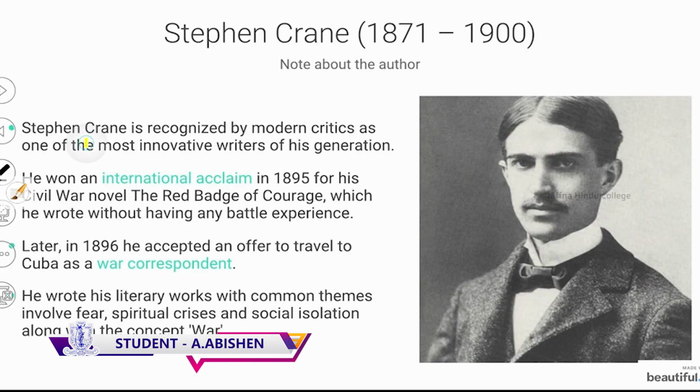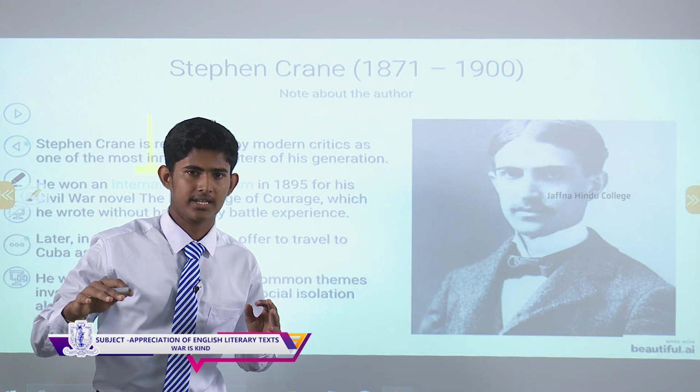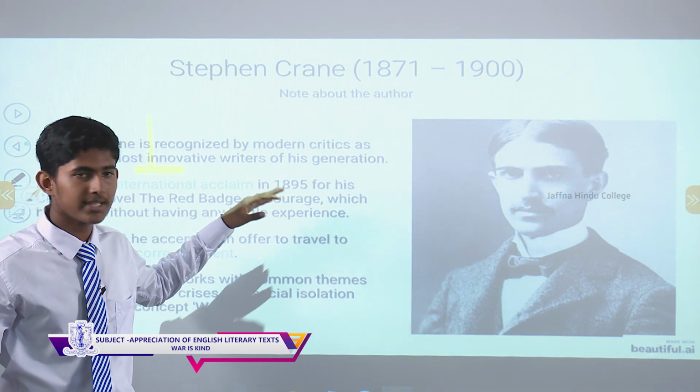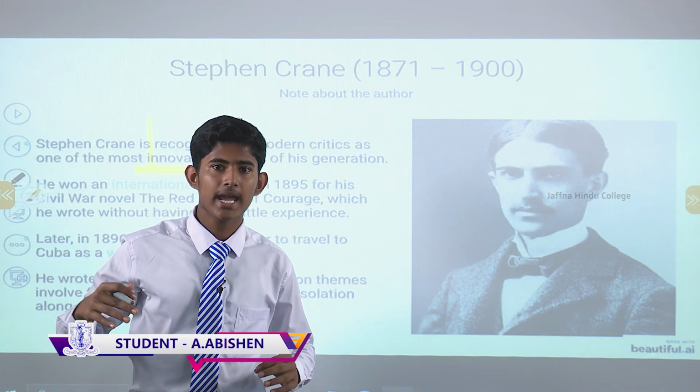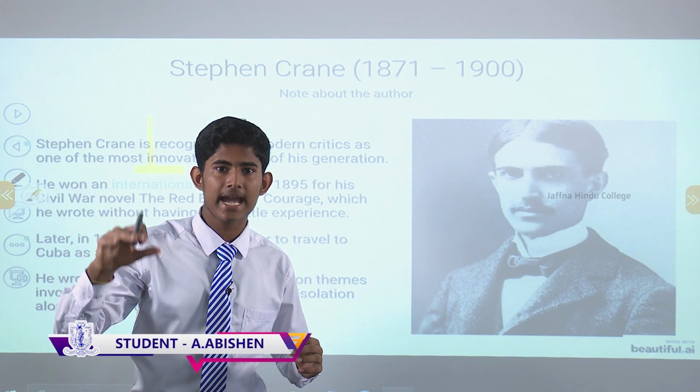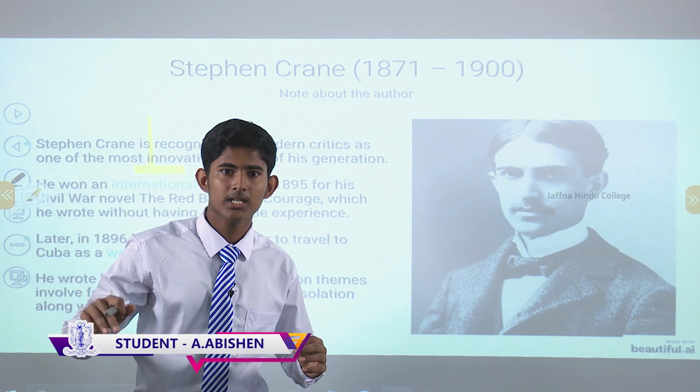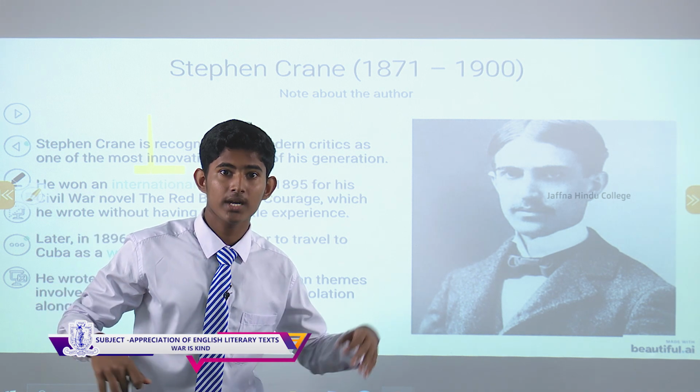Actually, Stephen Crane was considered a literary critic in American civilization, a new generation poet. Also, he won international acclaim in 1895 for his short novel, The Red Badge of Courage, about a civil war.